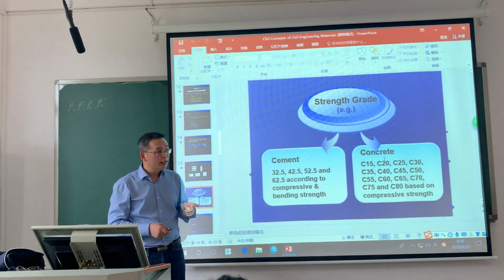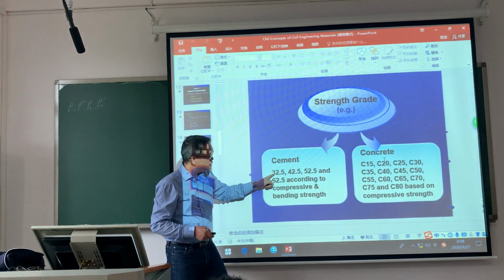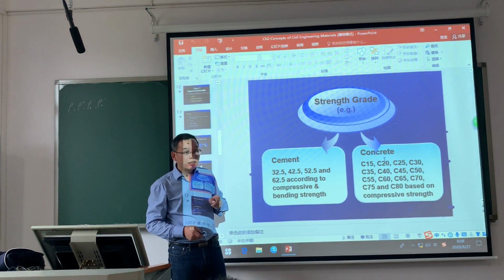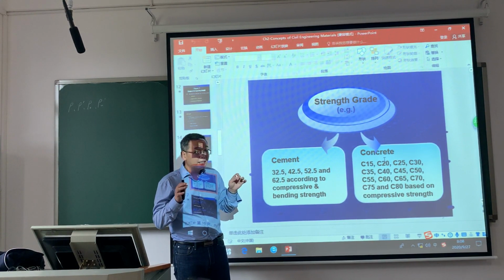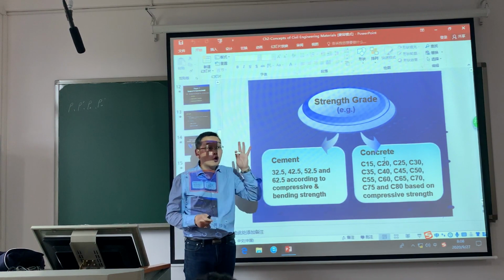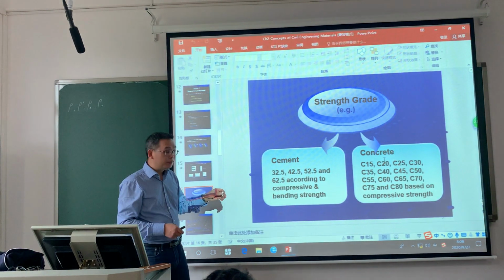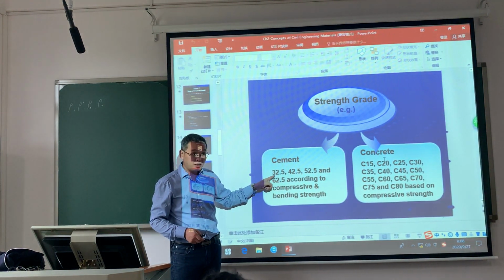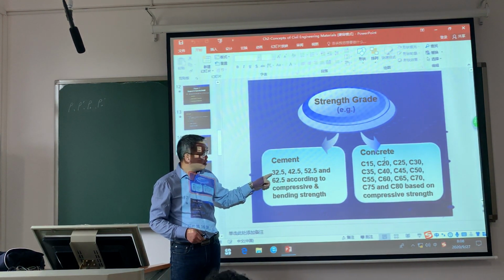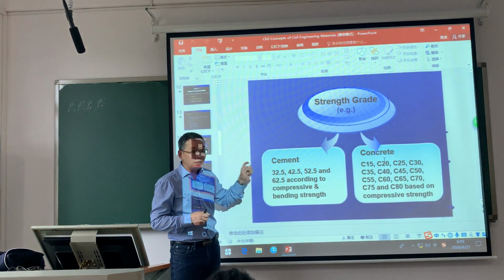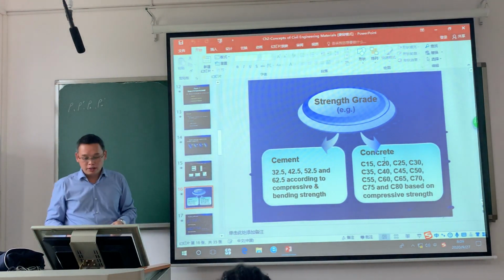The first thing we need to know is this number refers to the compressive strength. Which day? 28 days, four weeks. It means that if the strength of the cement is up to 32.5 after 28 days, we call it the 32.5 grade.